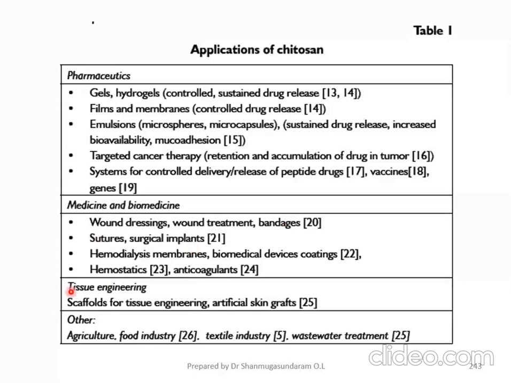Then coming to tissue engineering, you can produce scaffolds from this chitosan polymer. Even artificial skins. Then coming to the other applications, it can be used in agriculture, the food industry, the textile industry, and the wastewater treatment industry. Even nowadays, this chitosan polymer is used in wastewater treatment.